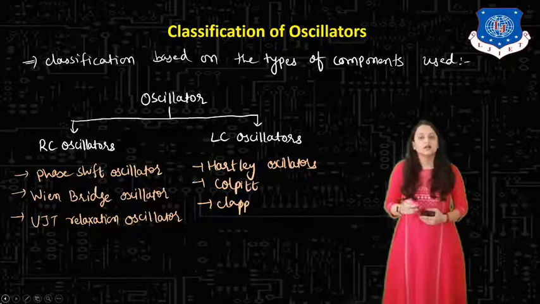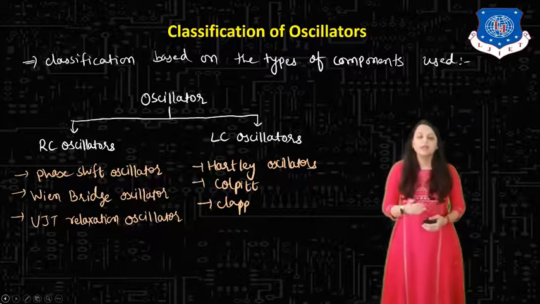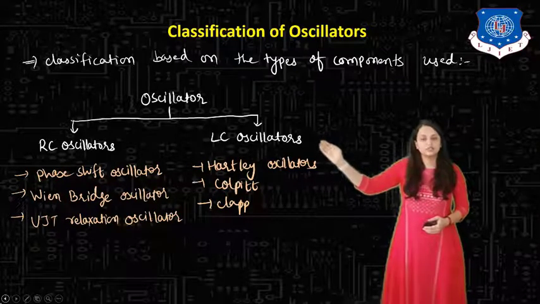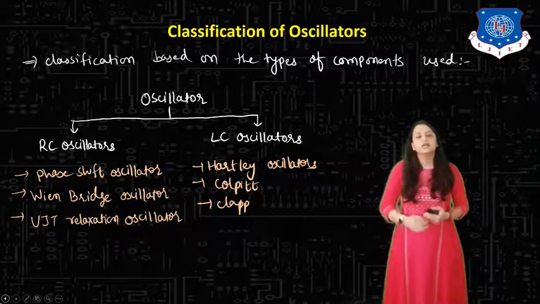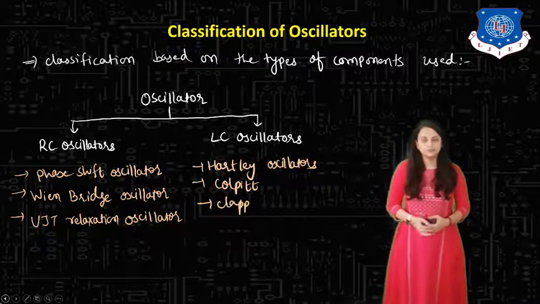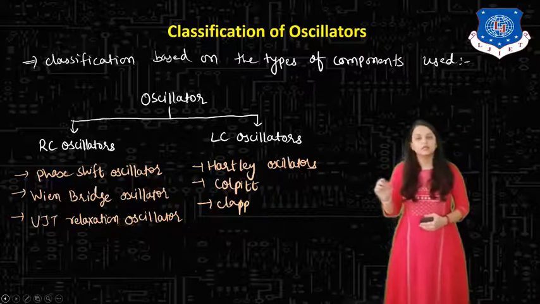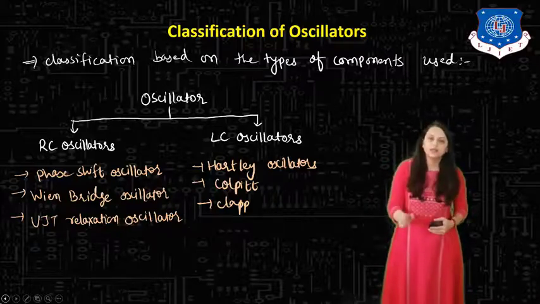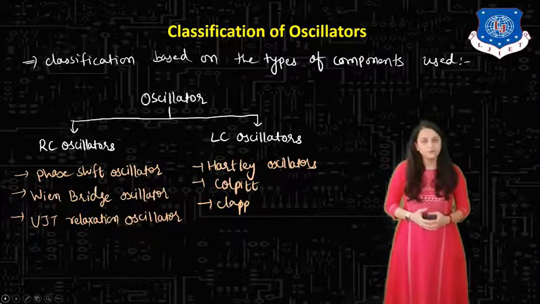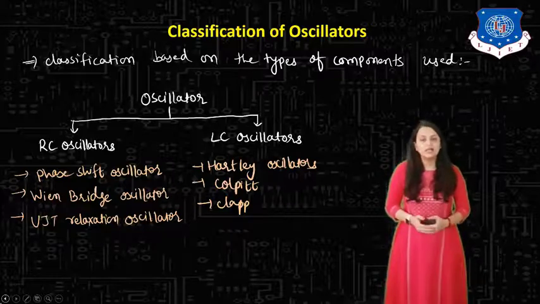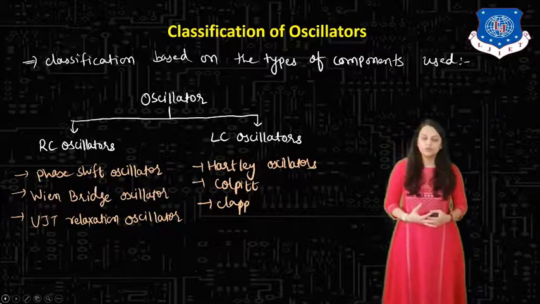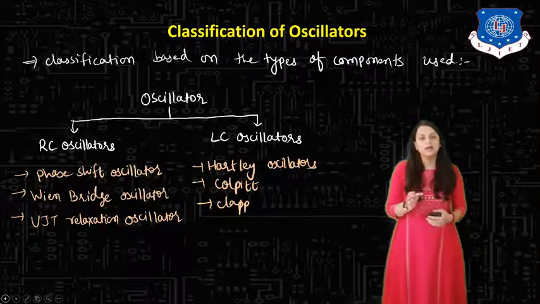The first one is RC oscillators and the second one is LC oscillators. In RC oscillators, as the name suggests, the components used will be a combination of resistors and capacitors. Okay. And in the same way, in LC oscillators, the components used will be inductors and capacitors.